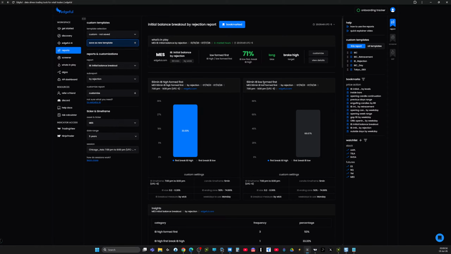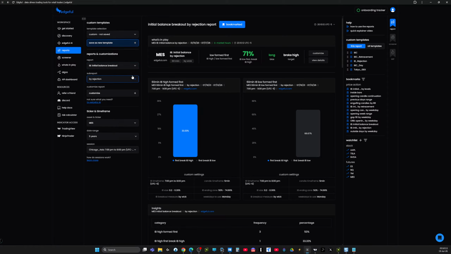The IB low, or ORB low, was formed first in this session on this instrument, and that's the probability that we'll have a 66% probability we break the low. Bizarre.